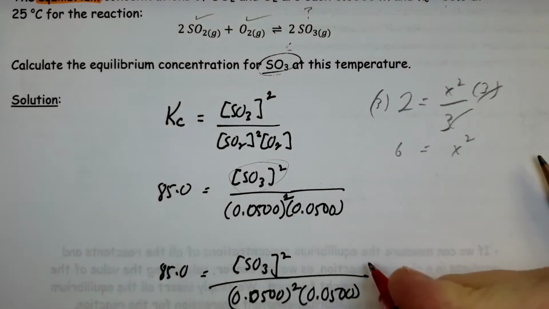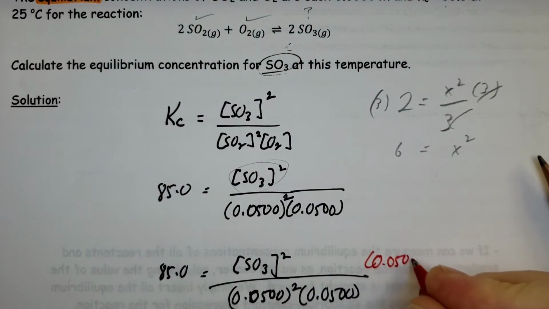Using a different color, multiply by the denominator.